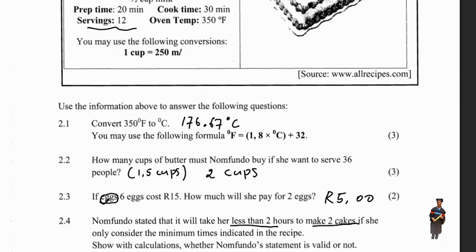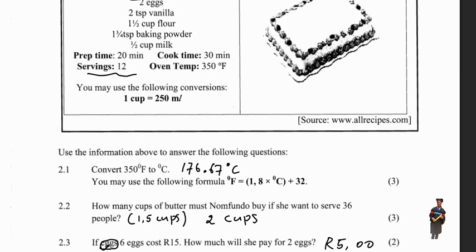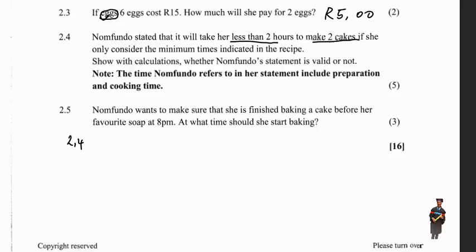It means to make 1 cake she takes 50 minutes, 20 minutes for preparation, then 30 minutes for cooking. So we can make an equation, ladies and gentlemen. To bake 1 cake is equal to 50 minutes.